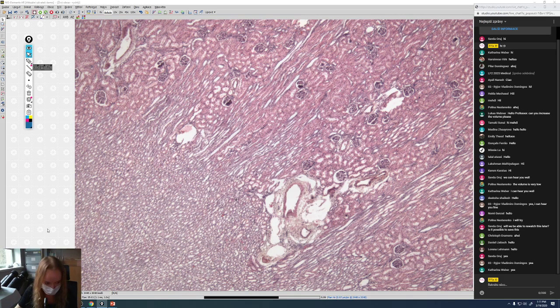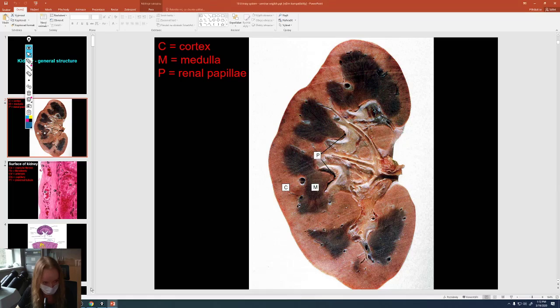If we're going back to the macroscopic point of view right here, those striae, those rays of medulla, which I was drawing right there, will probably go like this to the cortex. Yeah, I'm doing it right, like this? Kind of, okay. Yeah.